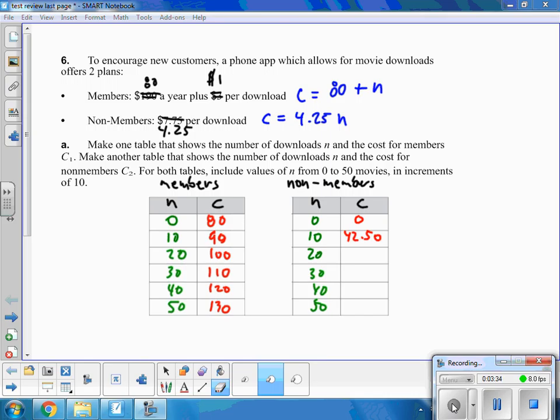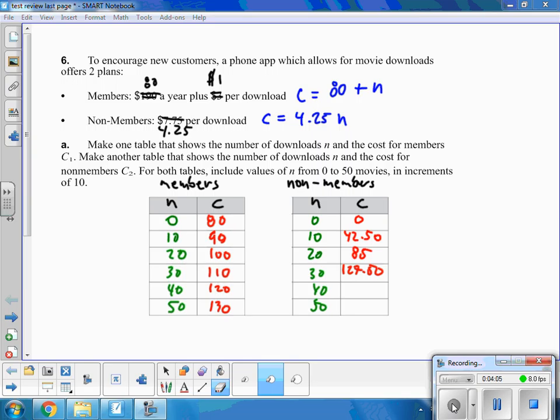For 20 downloads, 20 times $4.25 is 85. When I compare 85 and 100, non-members still get a better deal. For 30 downloads times $4.25, I'm up to $127.50, and at 30 downloads the non-members are starting to pay more.